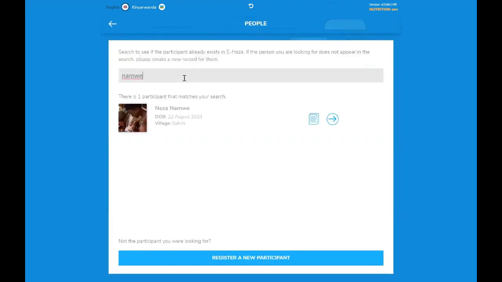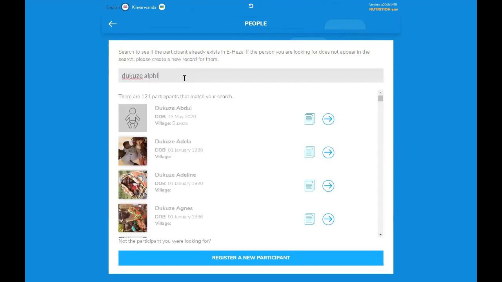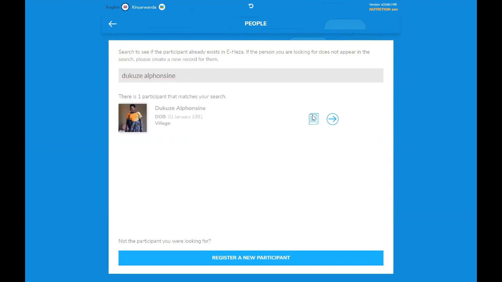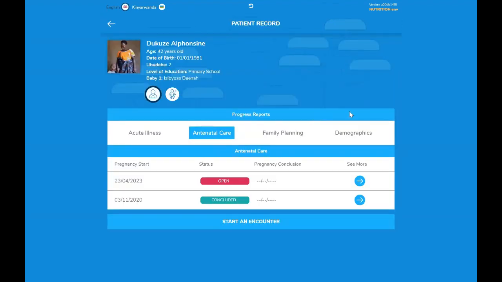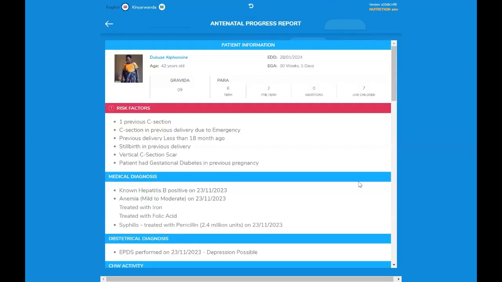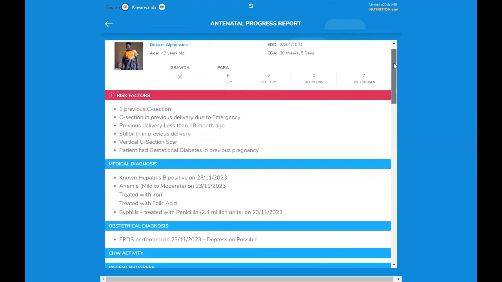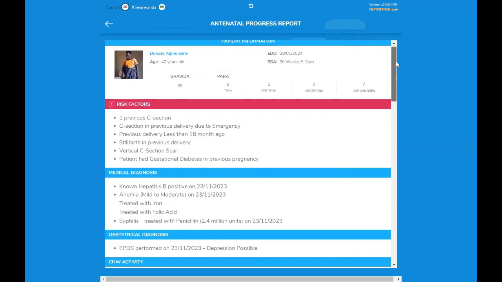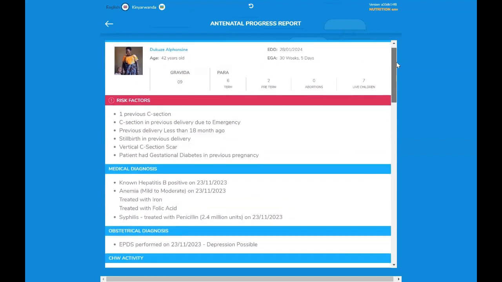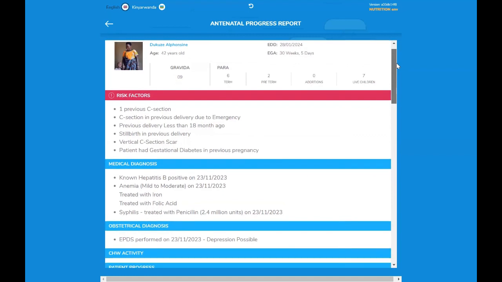Similarly, we have progress reports for pregnant women. And here you can see, for example, that Alphonsine is currently pregnant, and this system tracks both her estimated due date, as well as her gestational age.